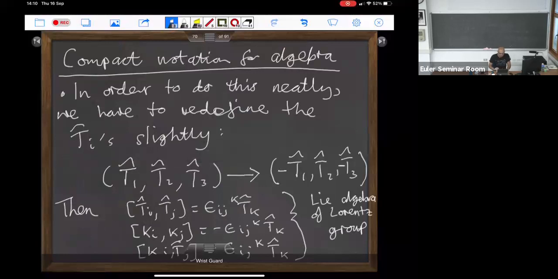We didn't quite write down a compact form of the algebra, which we're going to need in order to study these things called representations of the algebra. In order to do that in a neat way, we have to redefine the rotation generators slightly by inserting these 2 minus signs.